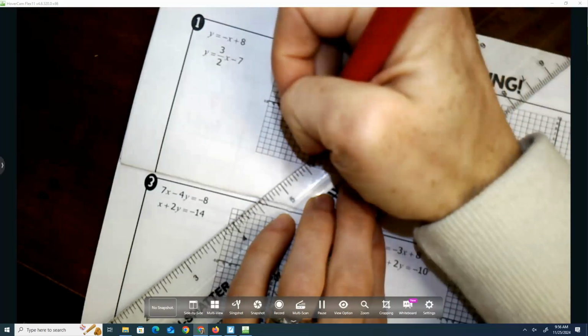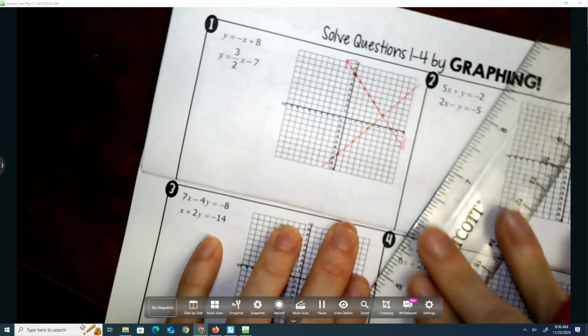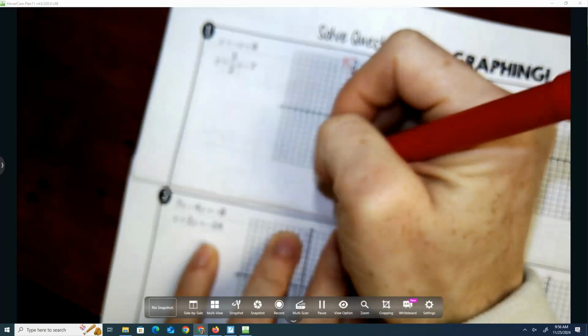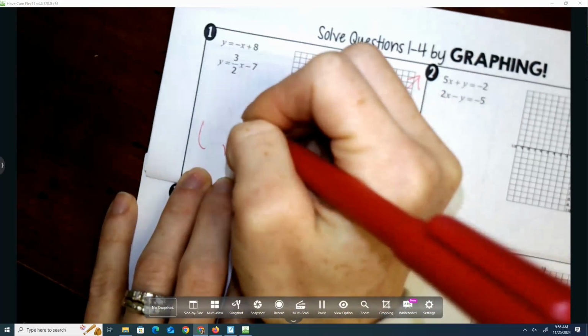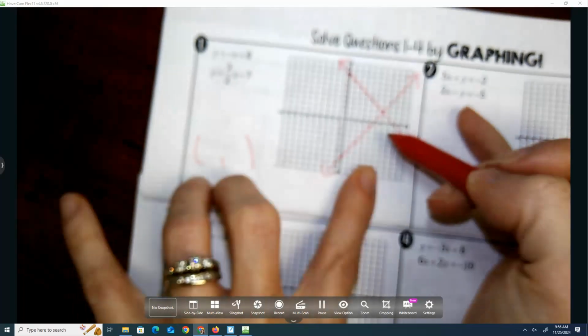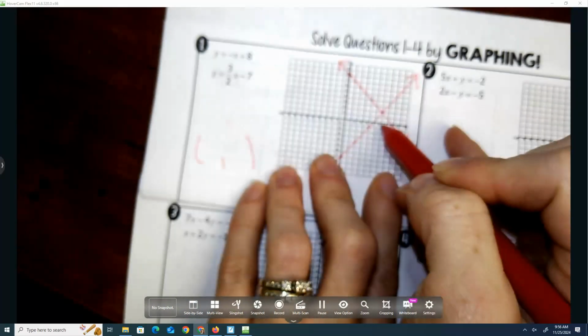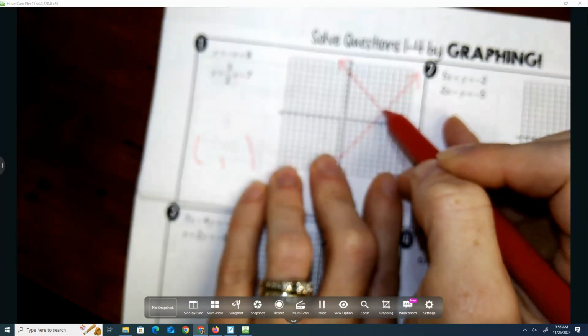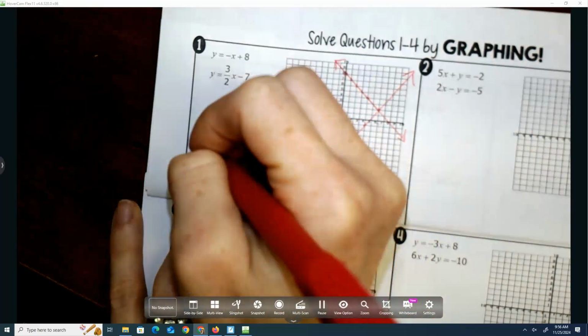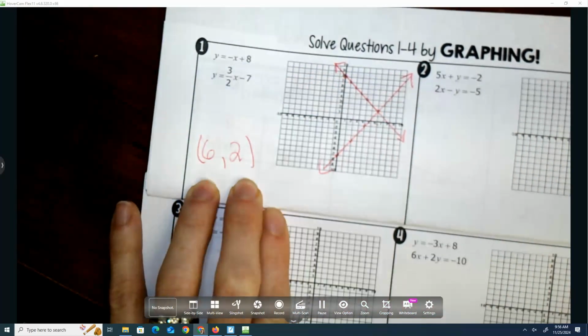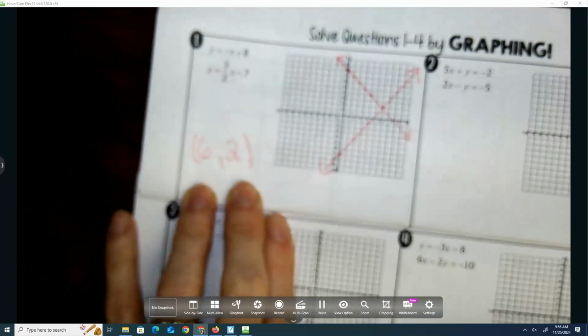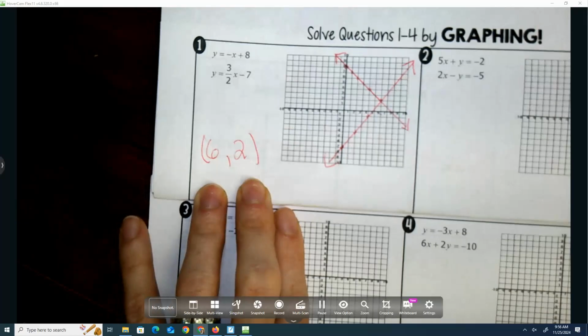And my solution, I'm looking at where those two lines cross. It's a point, so you have to write it x comma y. So if I look at this, my x is 6 and my y is 2. So that is my solution, ordered pair (6, 2).